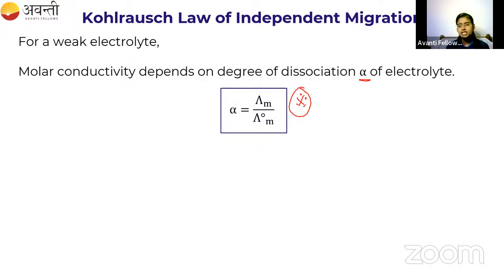Can you give me an example of a weak acid? A very common example. In class 11, you might have studied the list of weak acids, weak bases, strong acids, and strong bases in the equilibrium lesson, no? Can you recollect that? Can anyone tell me one example of a weak electrolyte, a weak acid?